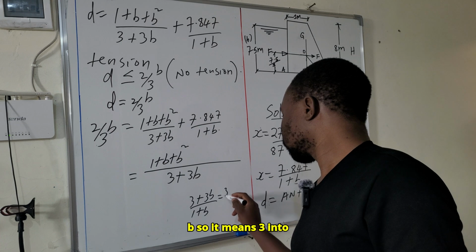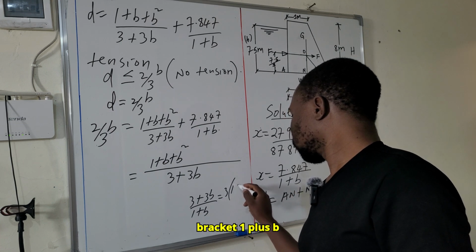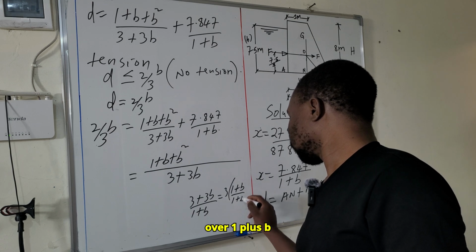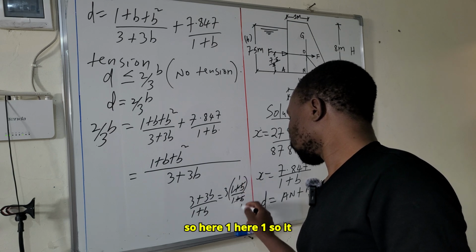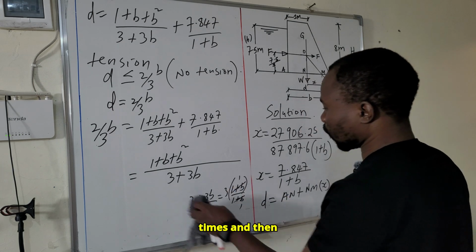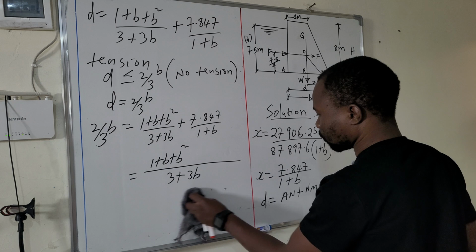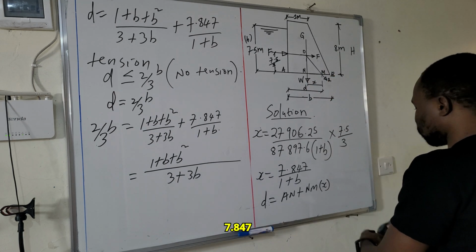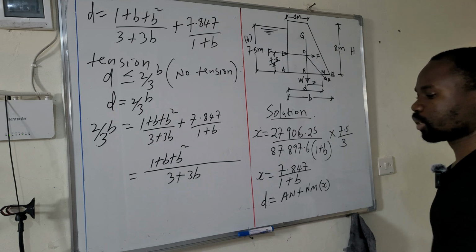Then you divide 3 plus 3b by 1 plus b. So it means 3 into bracket (1 plus b) over (1 plus b). So here 1, here 1. So it will go into this one 3 times. And then you multiply 3 by 7.847.